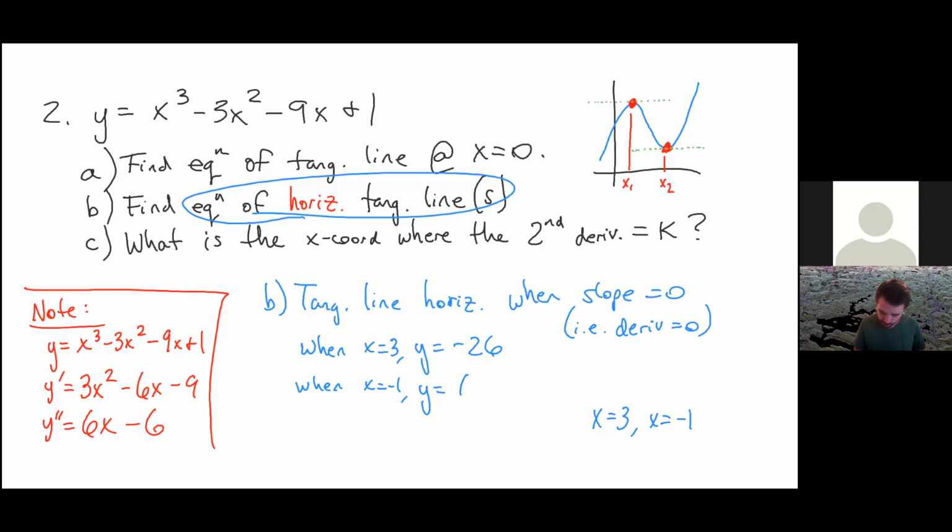Hopefully that's correct. Okay, so those are the two red points on this graph that I was drawing. And that actually tells you everything you need to know. I'll let you think about why that's everything that you need to know, that you can write the equation of the tangent lines with just that information.